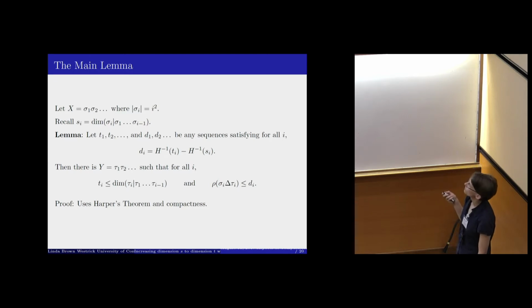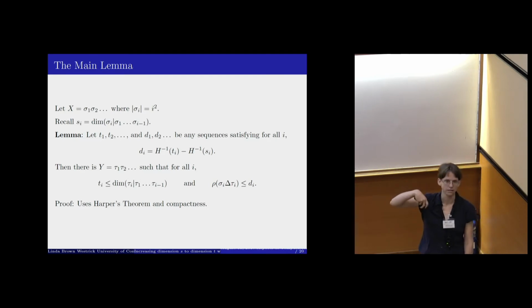As long as you specify those t's and d's in the right way, so this is the right way, then there will be a y with the property that the conditional dimensions of each of these taus are greater than each t, and also that the density of symmetric differences between each sigma and tau is less than the d's that you chose.